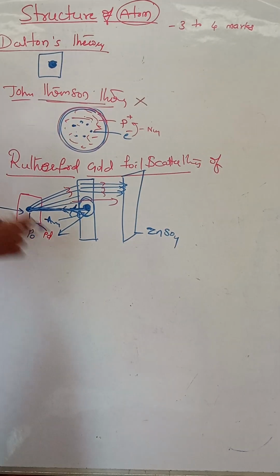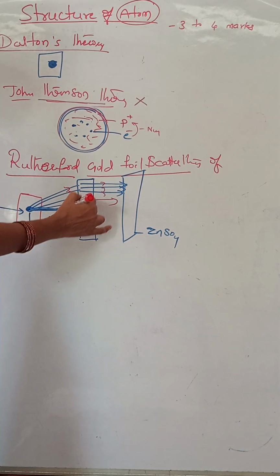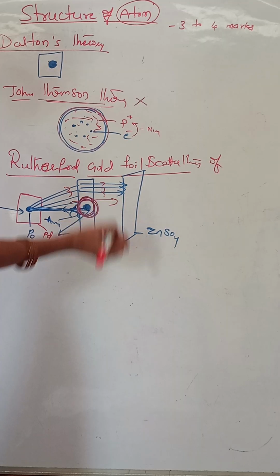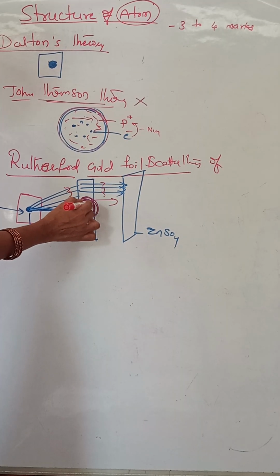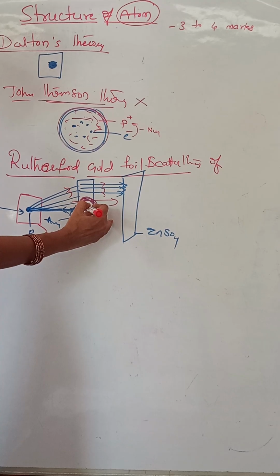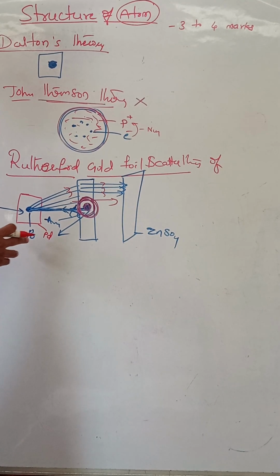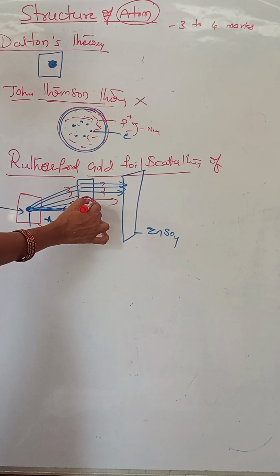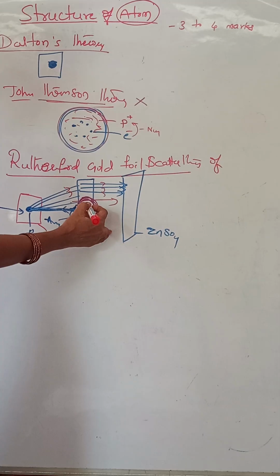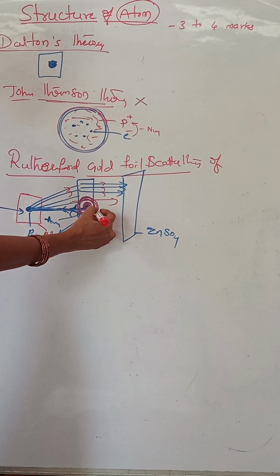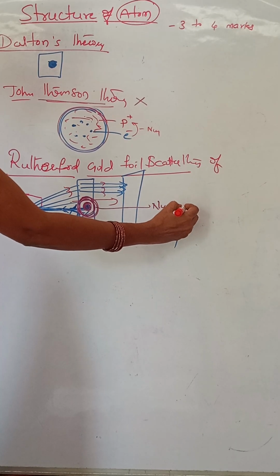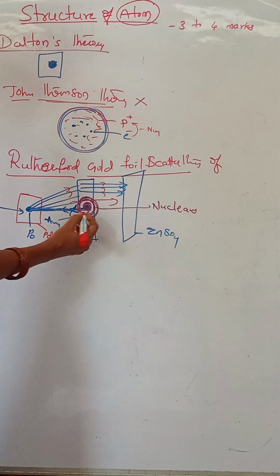Here he concluded that the atom is mostly empty, but the center of the atom has a positive charge. Rutherford says this center of positive charge is the nucleus.